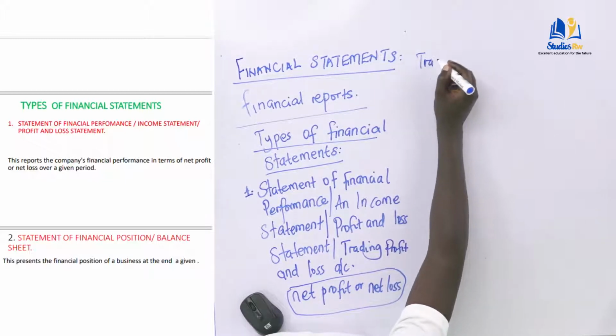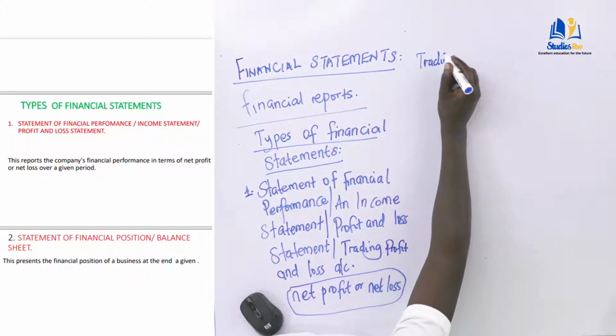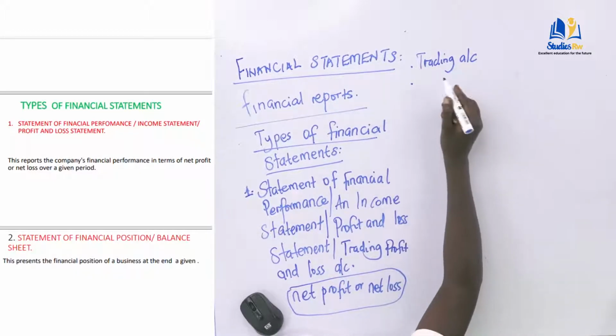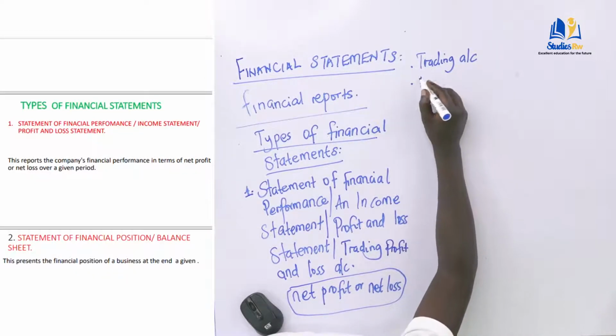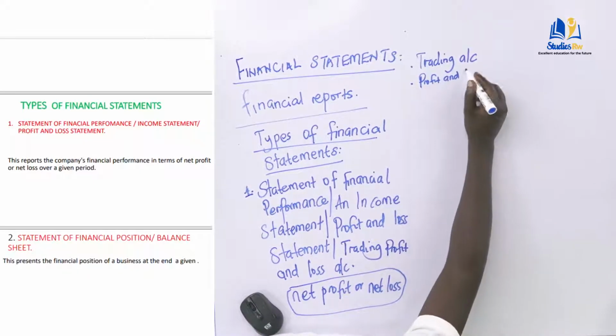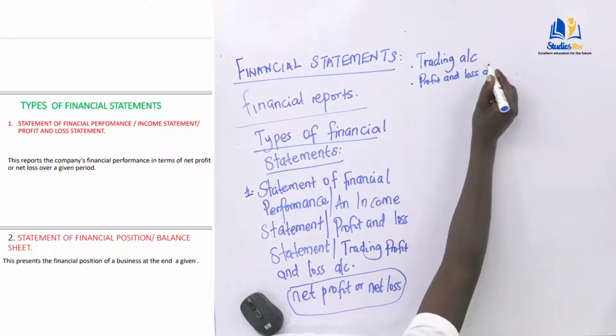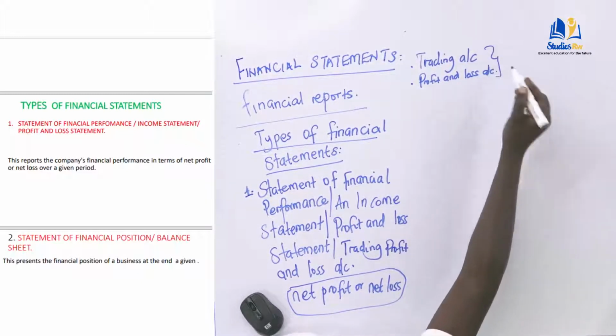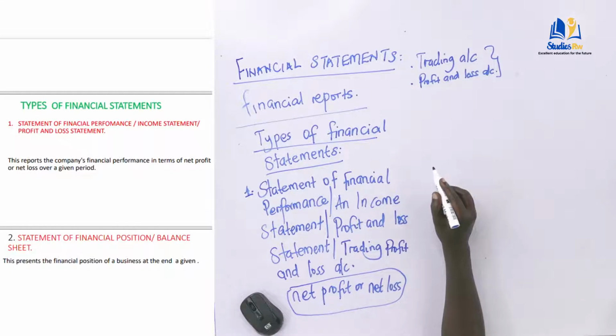It contains the trading account, and again it has the profit and loss account. When you combine the two, you form an income statement. So that is type number one.